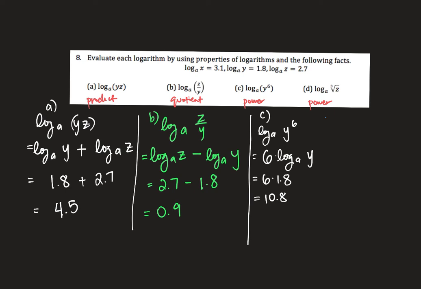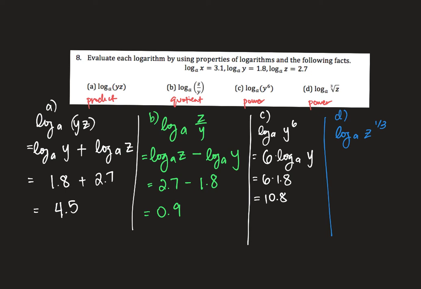Now moving on to letter D, another power. But for this one, it's not expressly written as a power, so I'm just going to switch this to a rational exponent. So we have log base a of z raised to 1/3. I know cube root just means raised to 1/3.